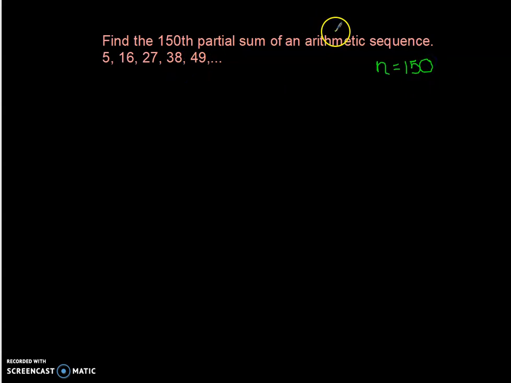Now, without even saying that it's an arithmetic sequence, you would be able to determine that by just going from one term to the next and noting that there's a common difference of 11. So how do I get from one term to the next? I would just add 11 each time. So the common difference is 11. I also know the first term. The first term, a sub 1, is equal to 5.